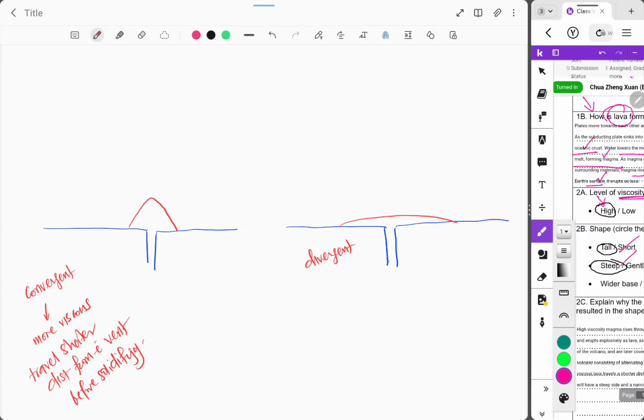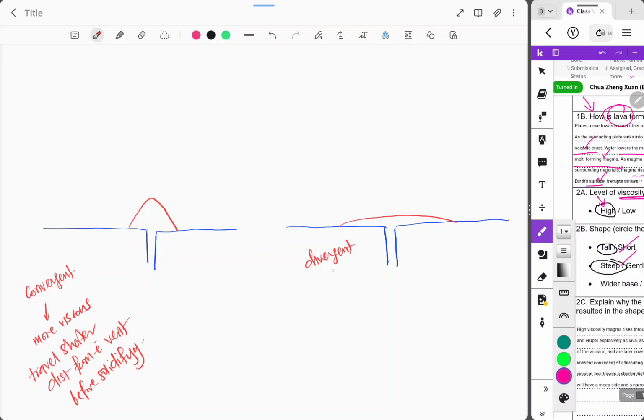Again, imagine if this is hand sanitizer or honey pressed out of an injection mold. It's not going to travel far before eventually it just stops moving. And when it stops moving and cools down, it will then form a volcano.